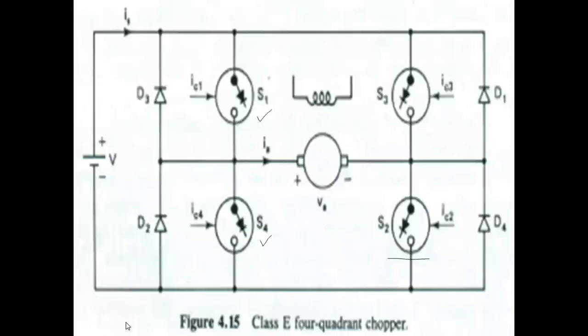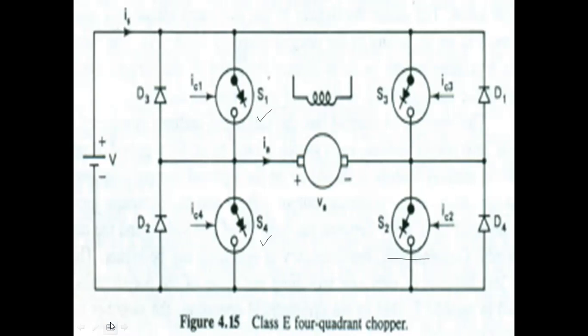So this provides a variable positive terminal voltage, and the armature current can be in either direction. If the armature current is in either direction, it gives motor control in quadrants 1 and 2.